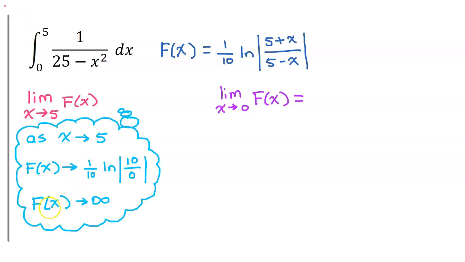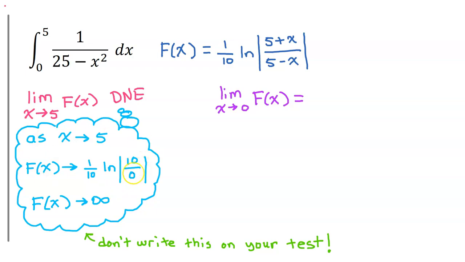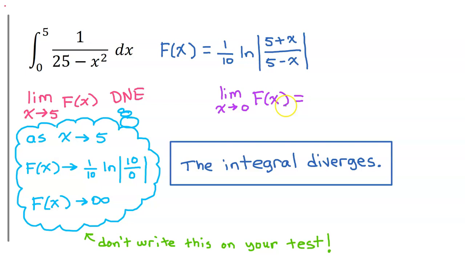So the antiderivative approaches infinity, which means that the limit does not exist. Remember, this is all in your head. Do not write this on your test. No need to find the other limit. If one limit does not exist, the integral diverges.